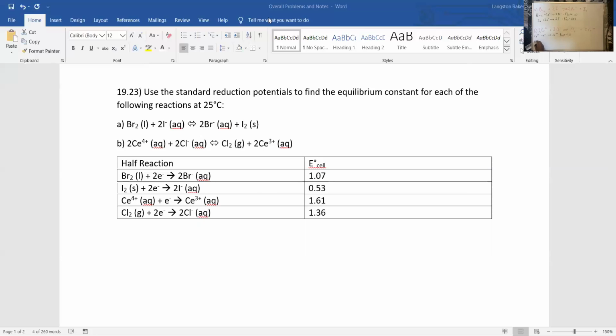Cl2 plus 2e minus goes to 2Cl minus, Ecell is 1.36.